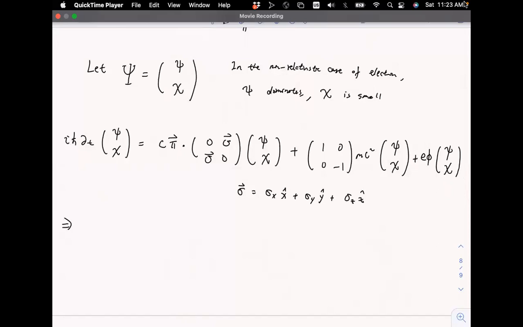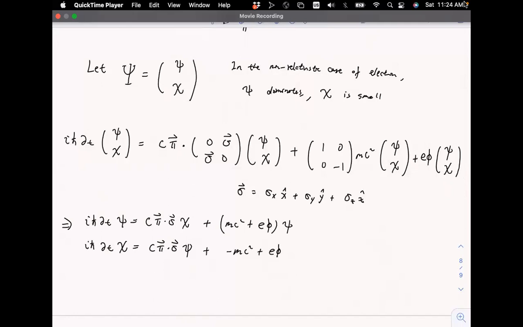Then you can expand it out. Then you will have something like that, with negative mc squared.